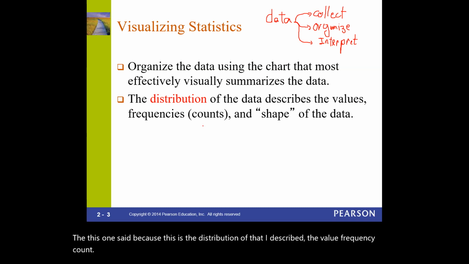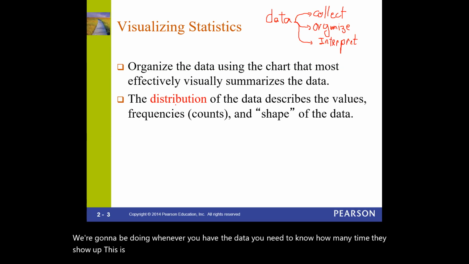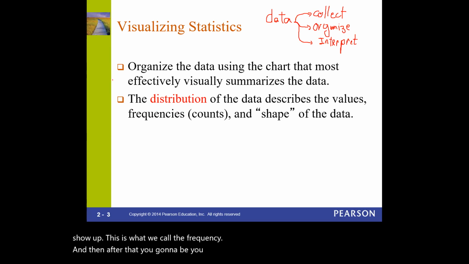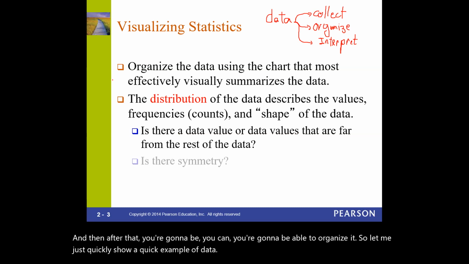Whenever you have the data, you need to know how many times each value shows up. This is what I call the frequency. Then after that, you're gonna be able to organize it. Let me quickly show an example of data. I'm gonna go back to these two questions after that.